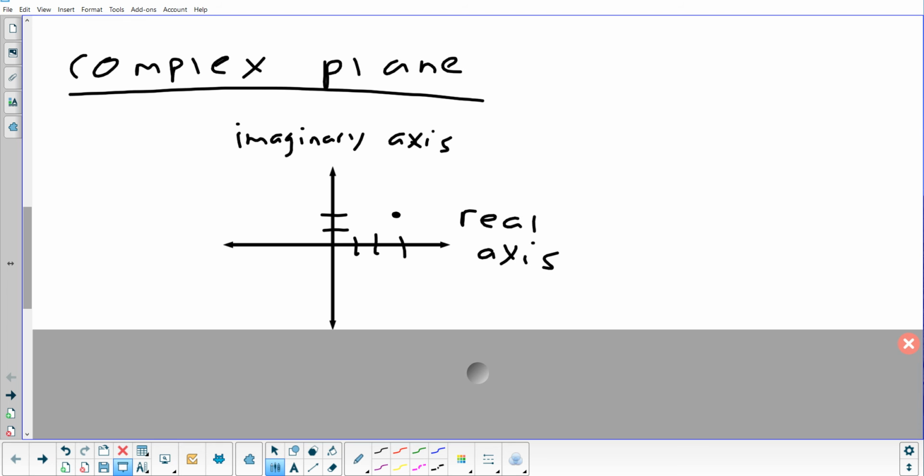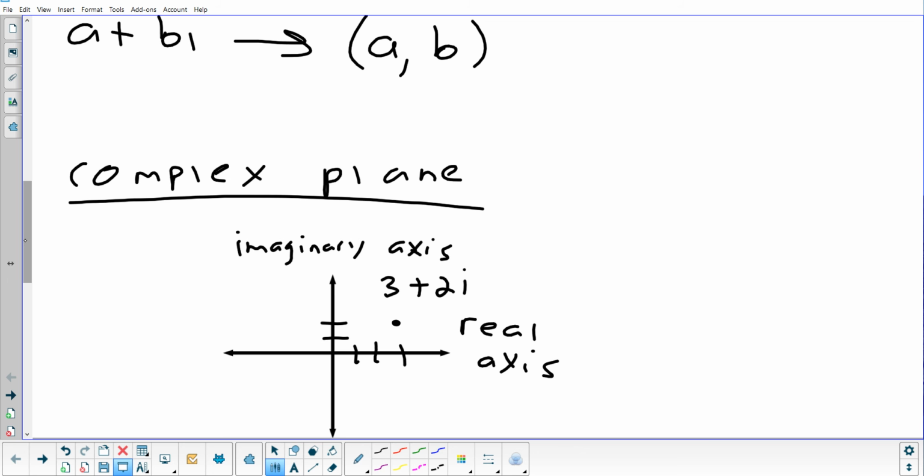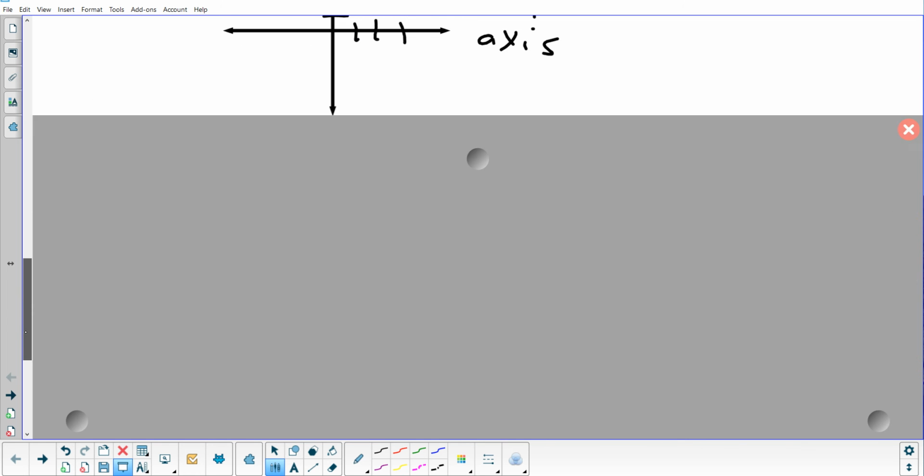That would be the point 3 plus 2i. That's why I said it's just like graphing the point 3, 2. Same rules. Different names for the axes, but it's kind of the same. Right, let's try a couple others.